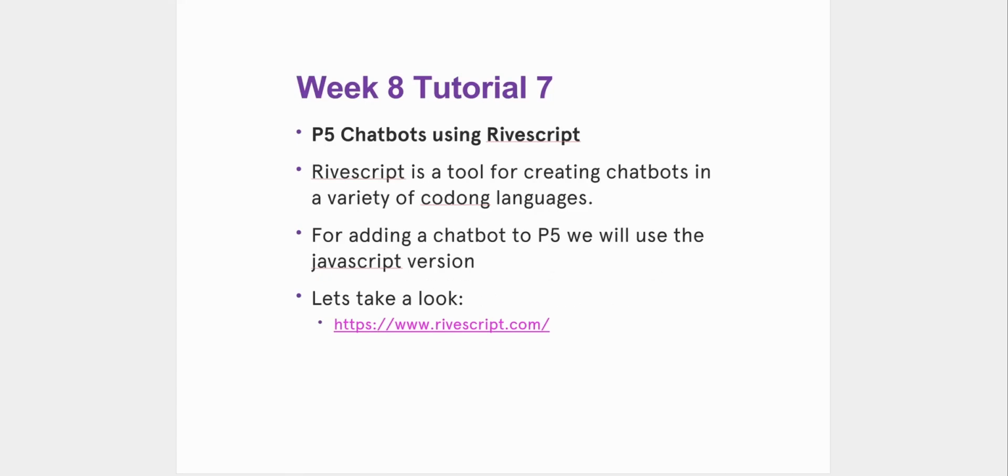We're going to be playing with P5 chatbots, and we're going to be using a library called RiveScript. RiveScript is a tool that is used for creating chatbots in a variety of different coding languages. For adding a chatbot to P5, we're going to be focusing on the JavaScript version.